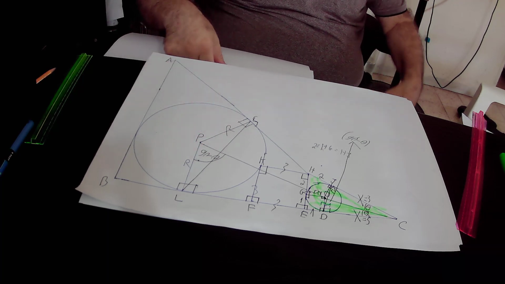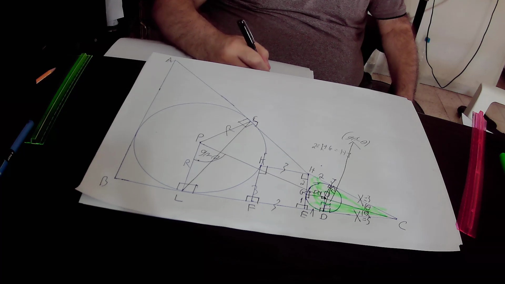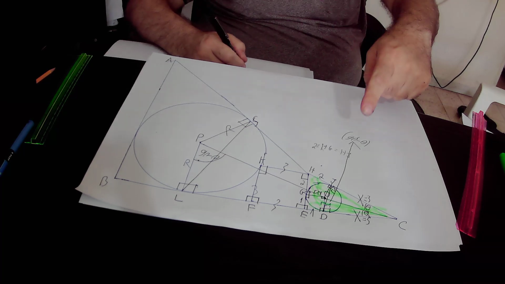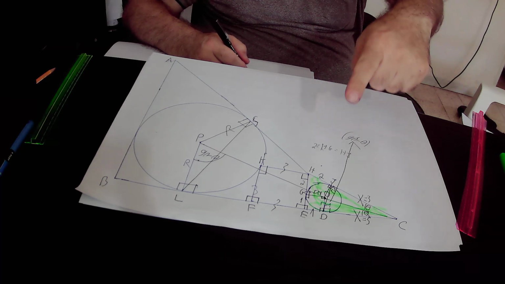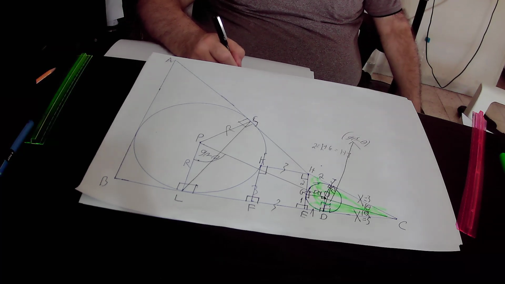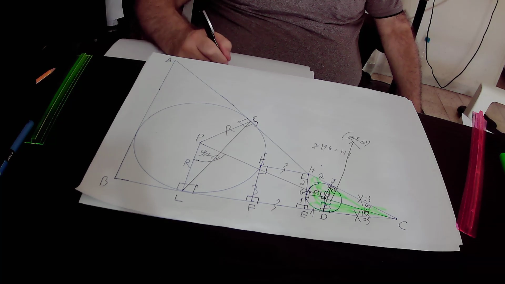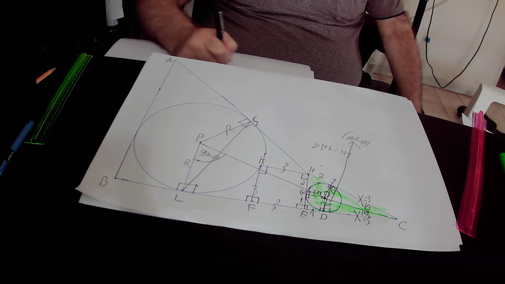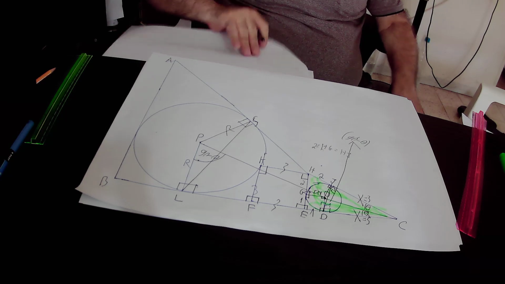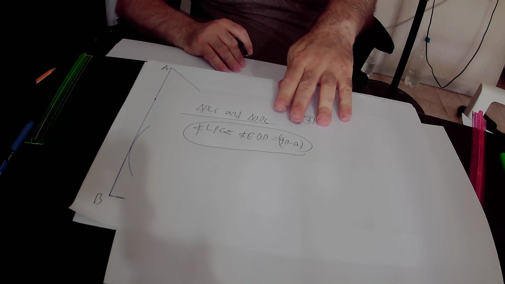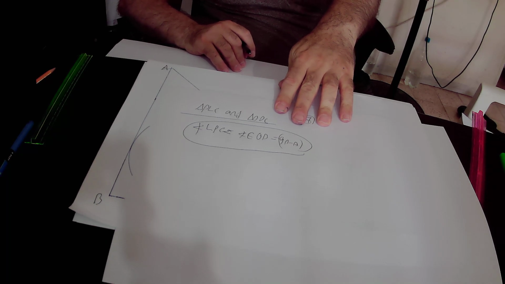So I can write down that angle LPC in the big right triangle is equal to this angle, which is actually angle COD. So again, angle LPC equals angle COD. They are both equal to 90 degrees minus theta, therefore they are equal to each other.